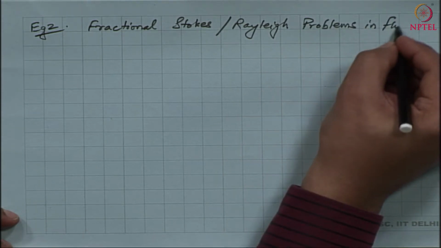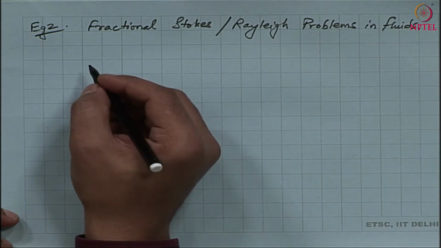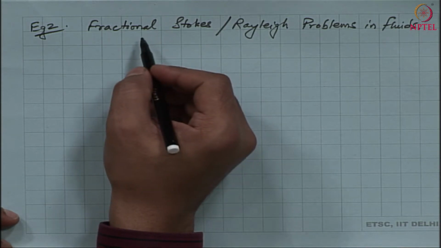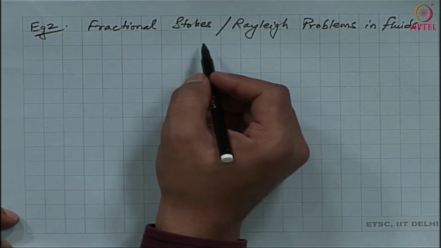Okay. So, let us look at some examples. So, before I move ahead to look at the fractional case, let me just highlight what is the classical case of Stokes and Rayleigh problems.